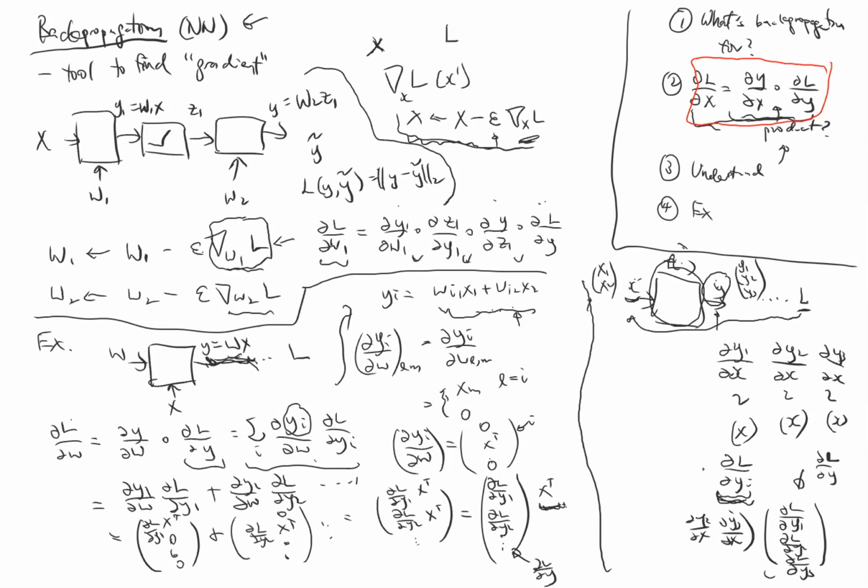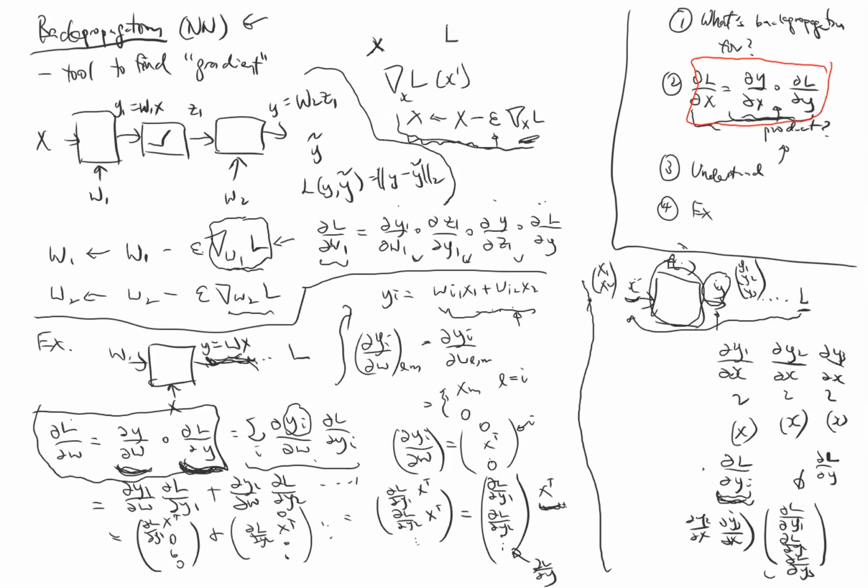The main idea is that whenever we have this backpropagation step, this product of two partial derivatives needs extra attention. It's not really a scalar product, not even a matrix product. Most of the time it won't be. Only when the input and output are vectors or scalars do you get those nice cases.